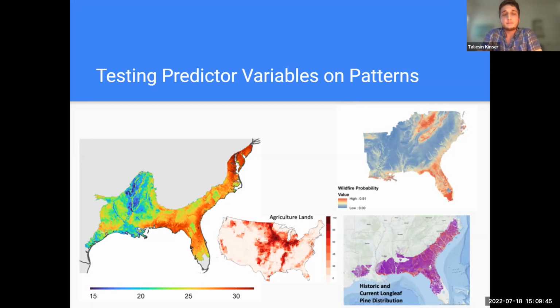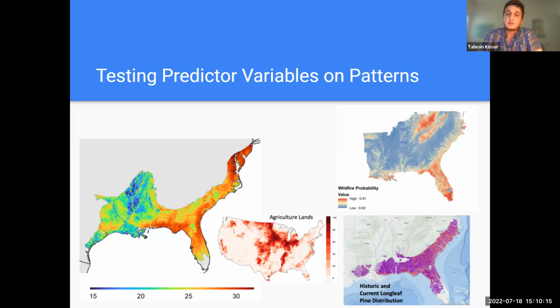So, for example, on the left, we have our phylogenetic diversity output, and you'll notice in that Mississippi River Valley, there's very low phylogenetic diversity, and we can relate this to different sorts of underlying processes. For example, agriculture. This is a lot of stuff that Matt was getting into.